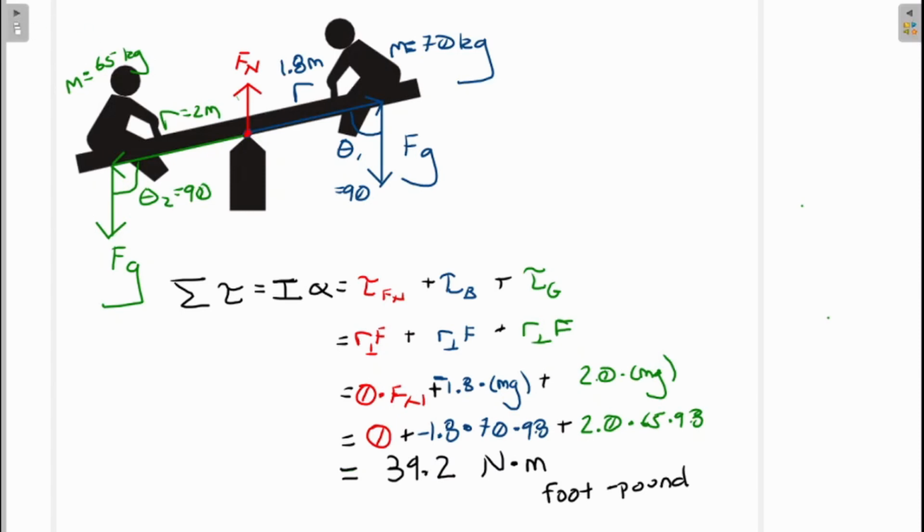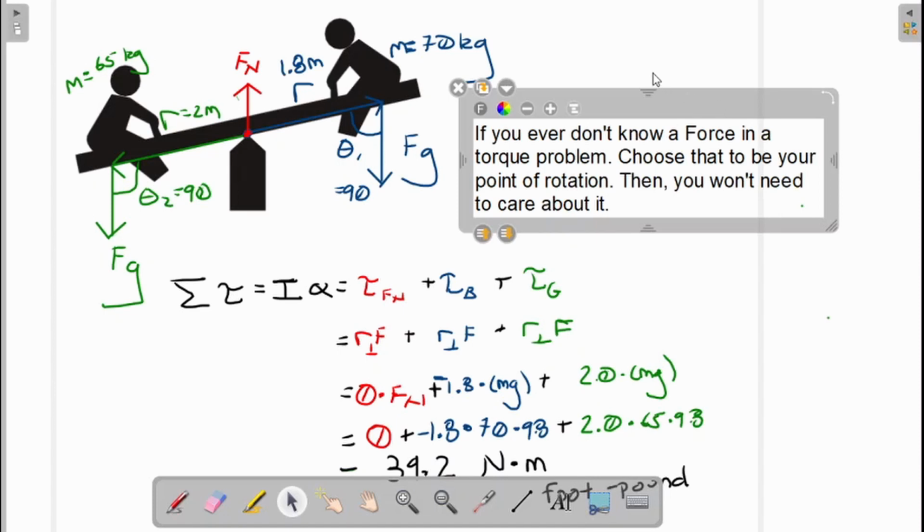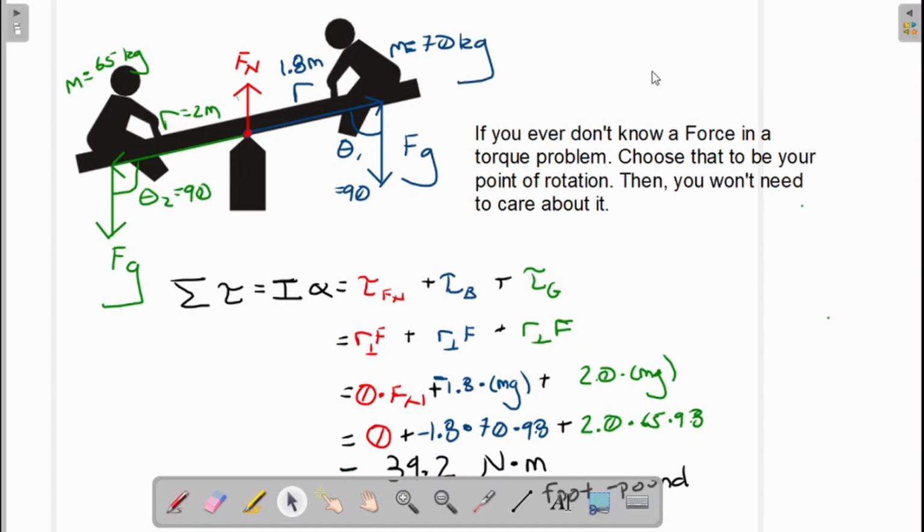A common trick when solving torque problems is to take whatever force you don't know, doesn't matter where it is, and choose that to be the point you measure your radius from. This is the greatest piece of advice I ever got about solving a torque problem. If you don't know a force, make it your point of rotation, choose it to be your center. Then you won't need to care about it. Don't know, don't care.